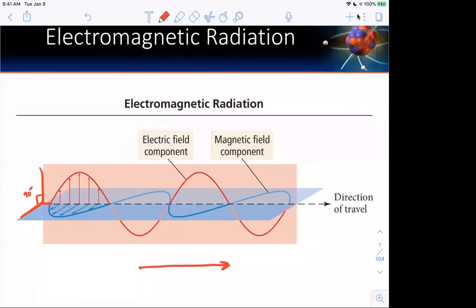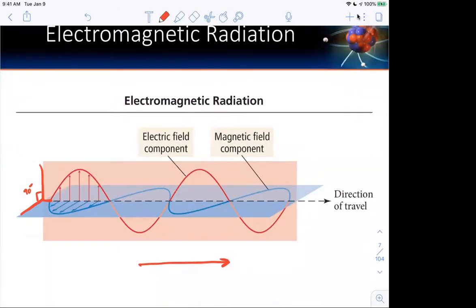And that is the electrical field component. And then perpendicular to that, in the blue plane, I have the oscillating waves that are due to the magnetic field. So this is sort of what it looks like. What does electromagnetic look like as it's traveling through space?